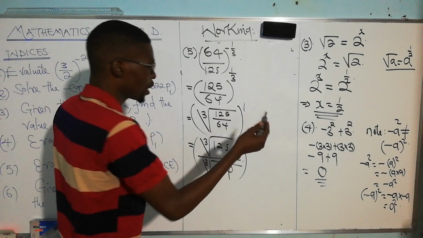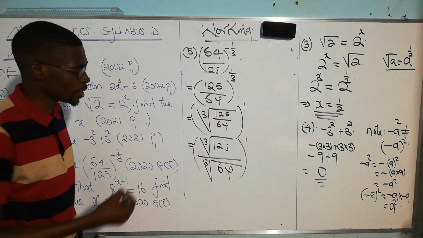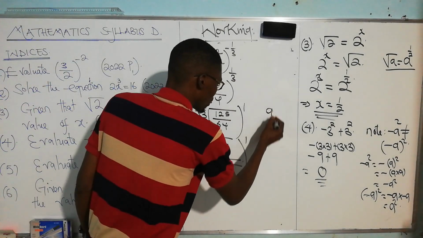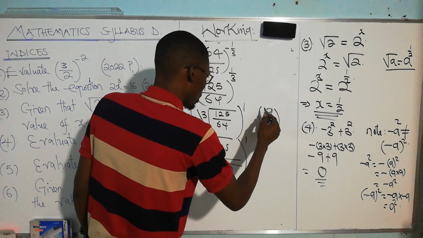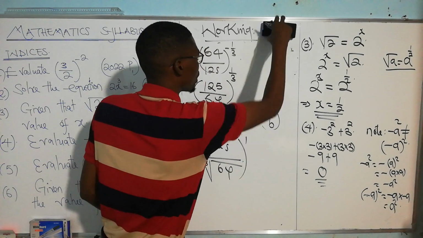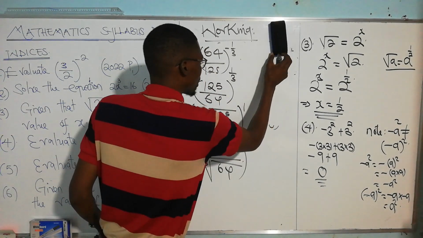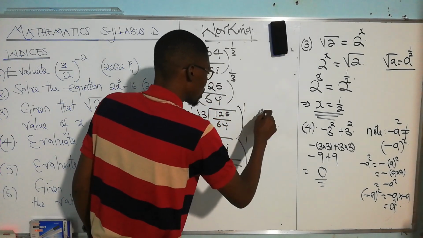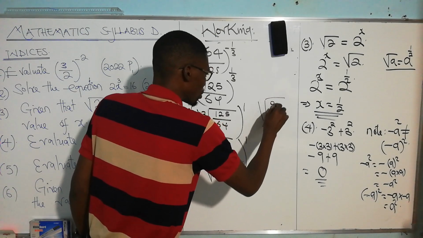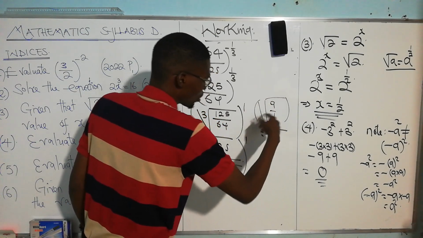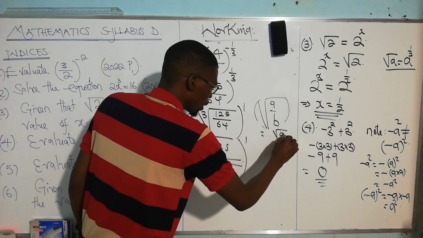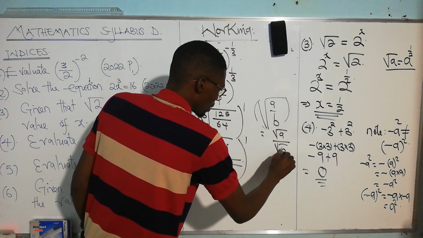This is coming from a rule that I didn't add there, that when you have square root or cube root of a over b, it means square root of a over square root of b.